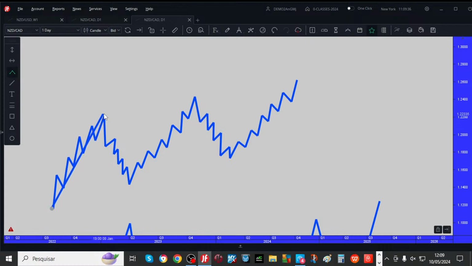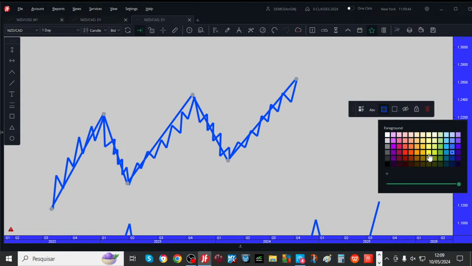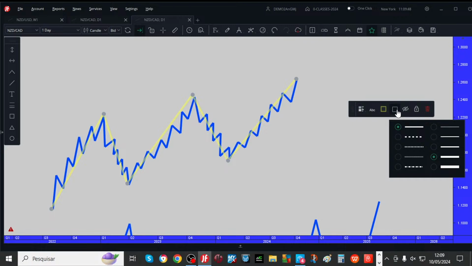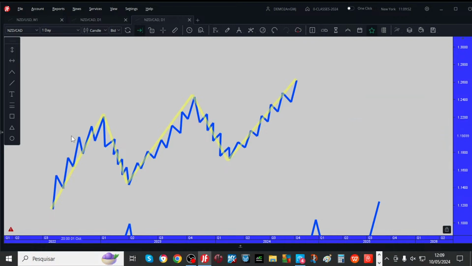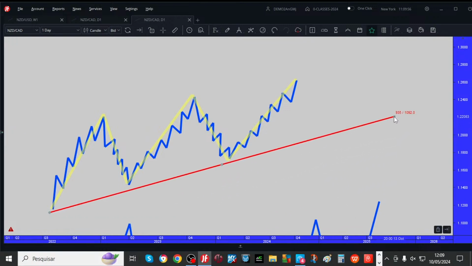So yeah, we're going to go on the chart too. Give me a second. Let's click on this one. Let's make it yellow. Let's make it transparent. Let's make it big. There you go. All right. So you have an uptrend line conforming the up market wave, the yellow one.